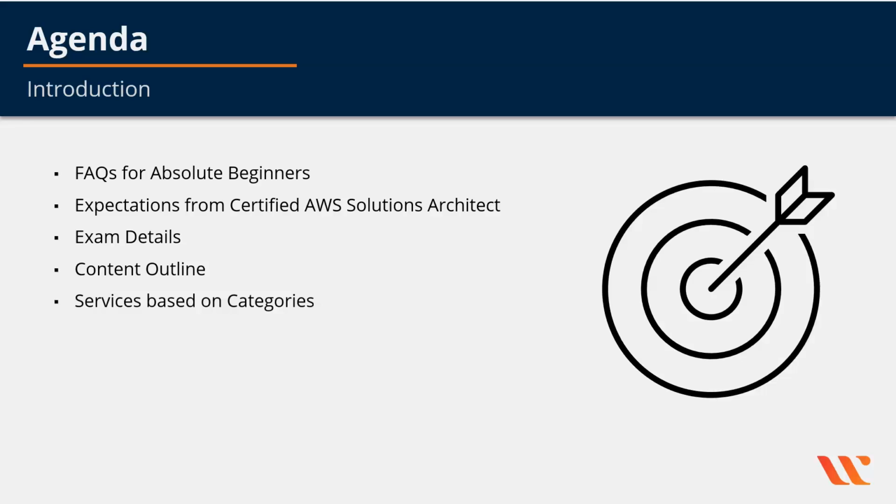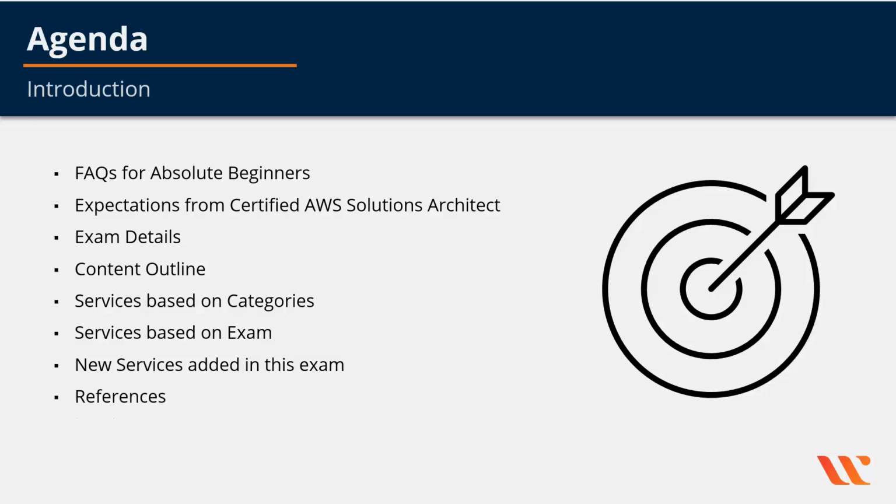Then we will divide the services into certain categories. We will discuss these services based on the exam. I will also talk about some new services added in this new version of the exam. We'll talk about some references, some exam tips, and finally, we will conclude this session with a few questions.